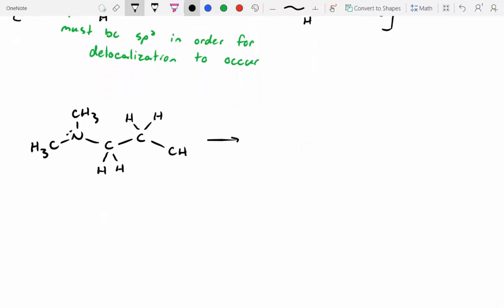Now the question I have for you guys is, can we delocalize that lone pair on nitrogen? Not everybody all at once. Well, let's try. Just for the sake of argument, I'm going to move this lone pair down here, and let's draw what we get out.